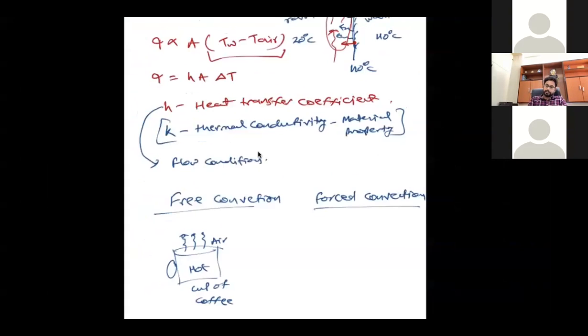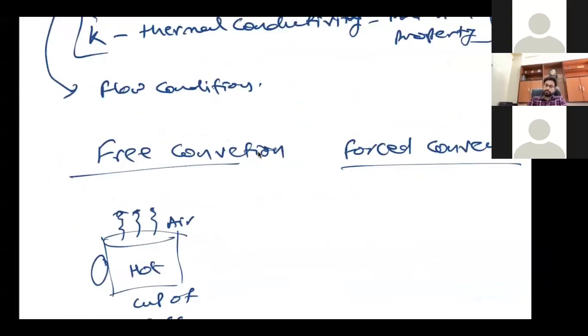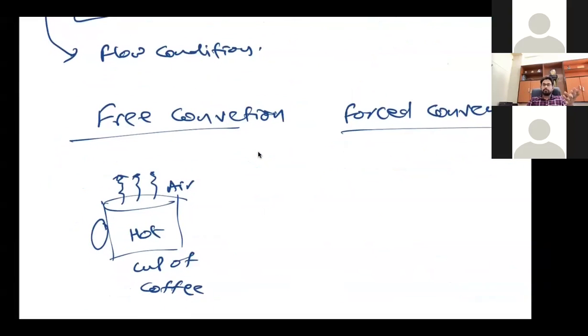So the heat transfer is happening just because of free convection, which is happening just because of the buoyancy. But let's now assume that you add a spoon and you start spinning it, right? What does it do? You are providing extra energy to it, and that's why the heat transfer increases and your coffee becomes colder much more quickly, right?